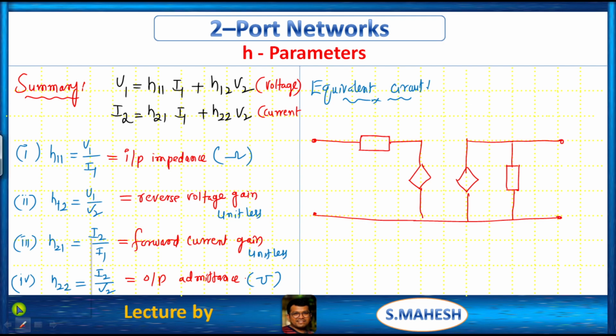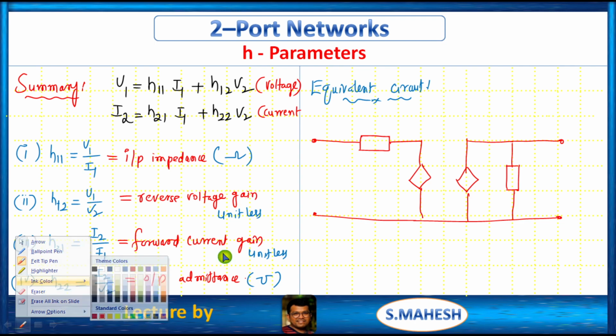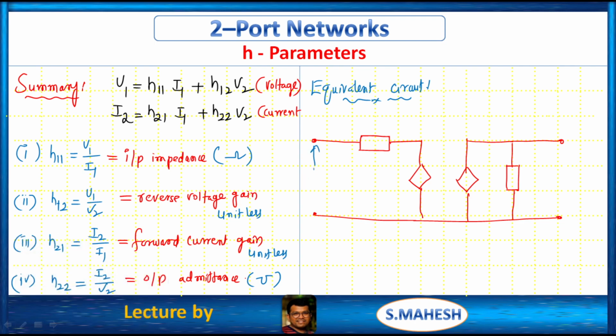From this we have V1, this is V2, input supply, output supply. The current through this is I1, and this is I2. Now this is H11 I1, and this is H12 V2. What is that value? That is voltage, that's why plus minus.